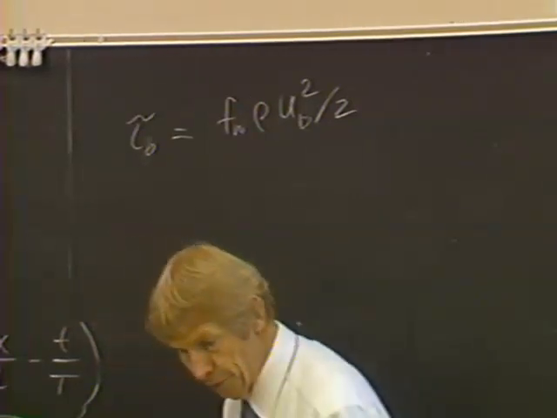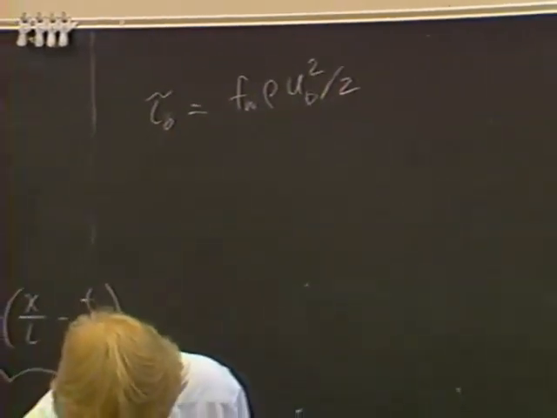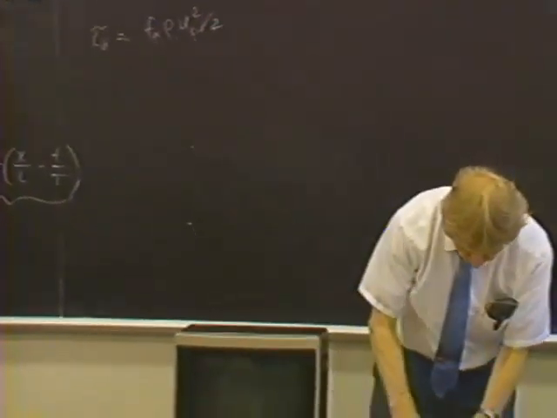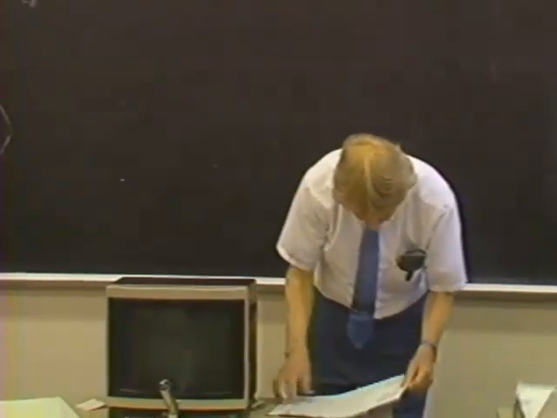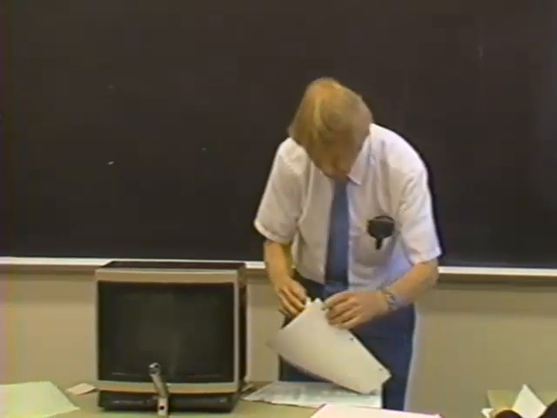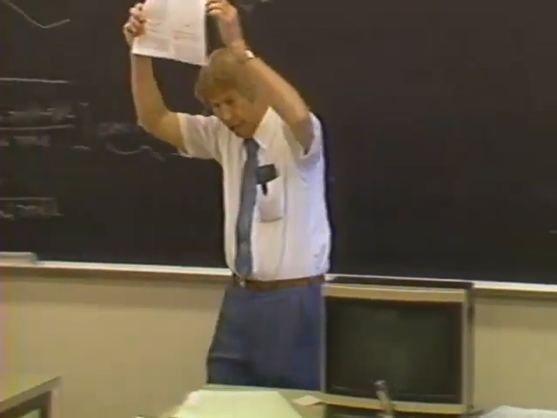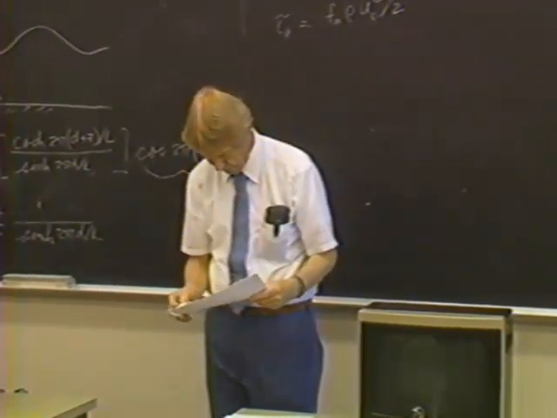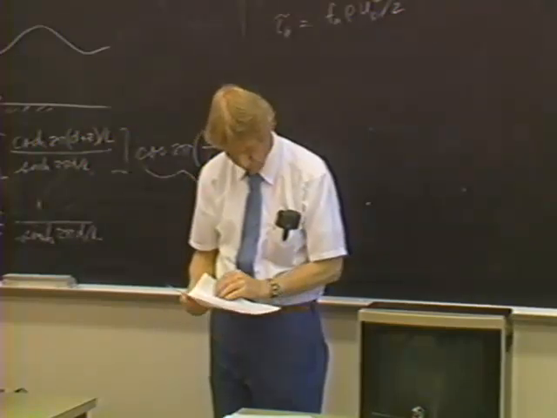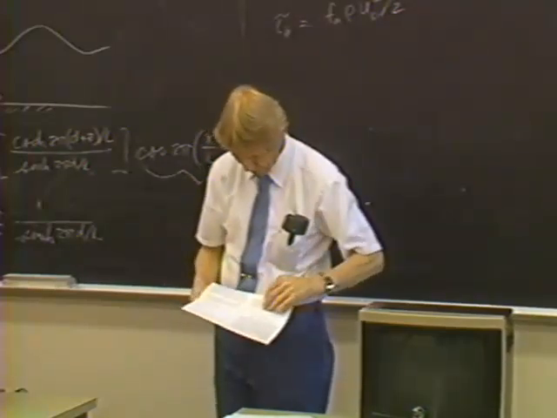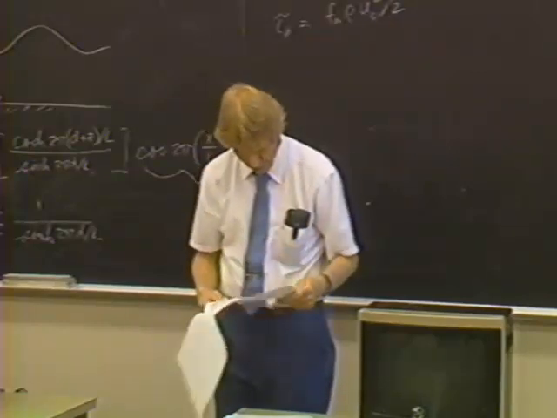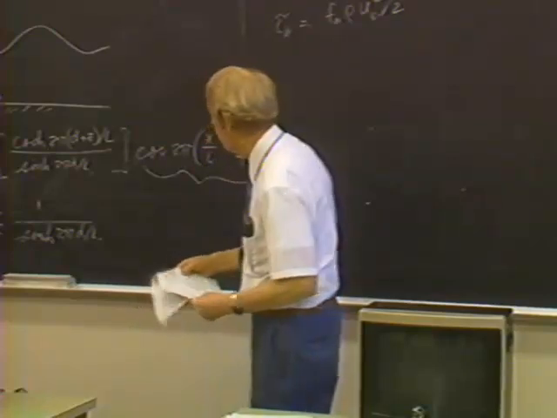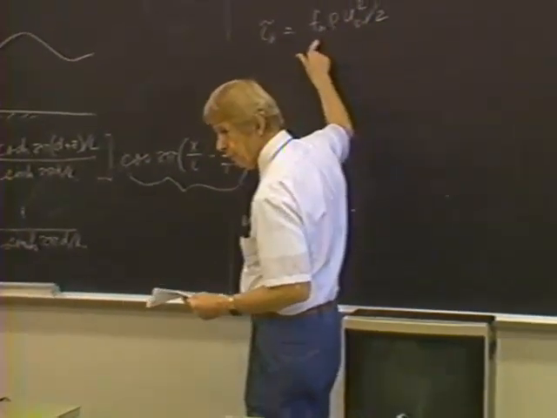I passed out to you a few pages from Keith Dyer's book. Looks like this. You can read the wave boundary layer section there, and he points out the several methods of refining F sub w from the Reynolds number.